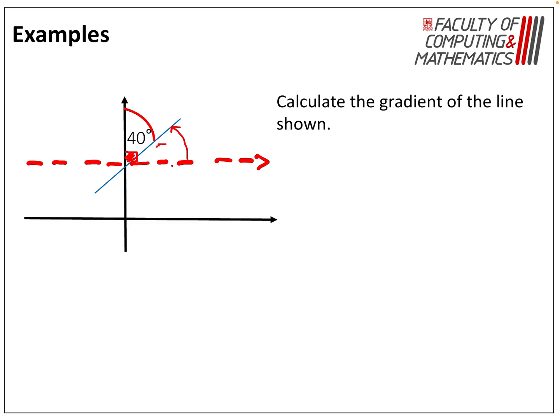So because of that, the angle that I'm looking for must be 50 degrees. So again, m equals tan theta. Your gradient is equal to tan of 50, and tan of 50 is 1.19 to 3 significant figures.